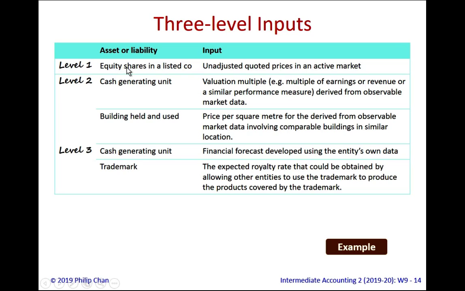For an asset, like if you have shares in a listed company, all right, then the level 1 input is likely to be the unadjusted quoted price in the active market, which is true, right, because you don't need to adjust it. And for assets such as a cash generating unit that you have learned from I1, remember when you do the impairment test for a company where not every asset can generate future cash flows for you, then you have to group them up into cash generating units, right?